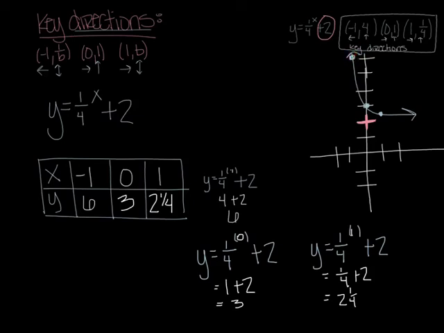And there it is. When x is 0, y is 3. 1, 2, 3. And when x is 1, y is 2 1/4. So all of those points are on this curve.